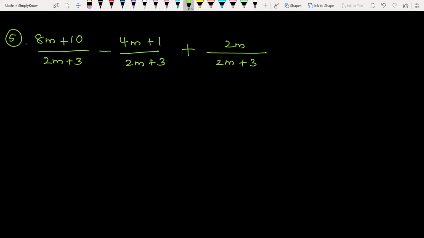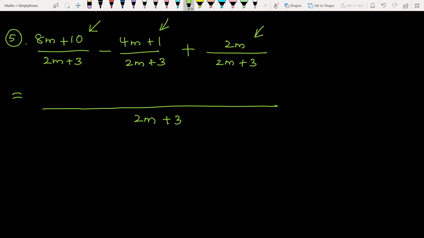Okay, let's take another example. This is our final example. Our common denominator is 2m plus 3. Here again we have an algebraic expression. Here also we have an algebraic expression, and this is just an algebraic term. The first numerator is 8m plus 10. From that, I need to deduct the second whole algebraic expression, so I need to put brackets now. 4m plus 1.